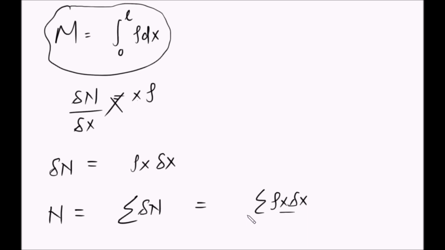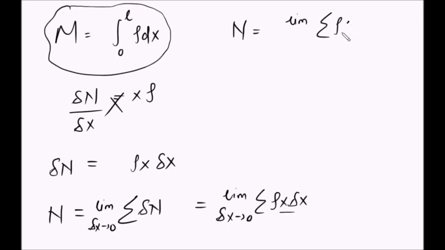So as usual, for accuracy we're going to consider very small elements, so that delta x will approach 0. So this sum will be a limiting value as delta x approaches 0. So we have seen that N is the limit of this sum of rho times x times delta x as delta x approaches 0. But integration is a limit of a sum.